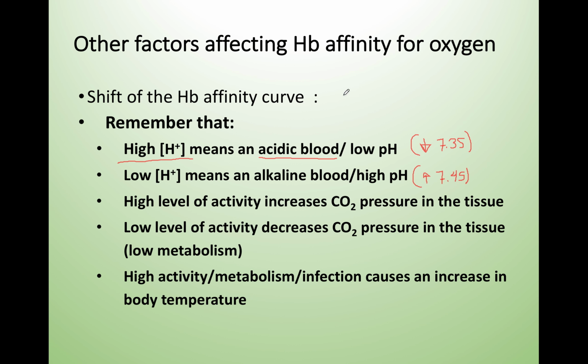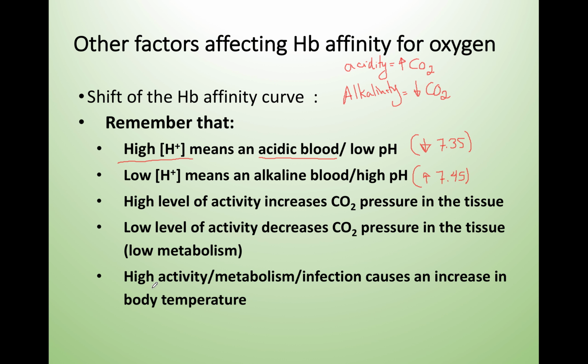Now, when you think about this, acidity, if you guys remember from our earlier lab, can also be translated to a high level of CO2, and alkalinity can be translated to a low concentration of CO2, because CO2 is considered an acidic component. The more of it you have, the more acidic your blood becomes.